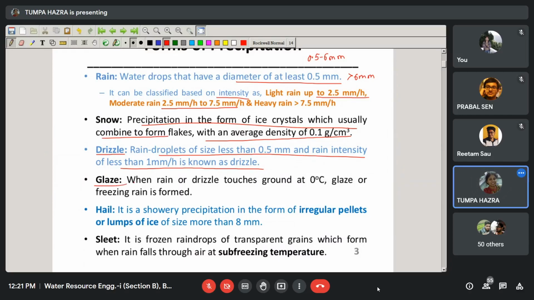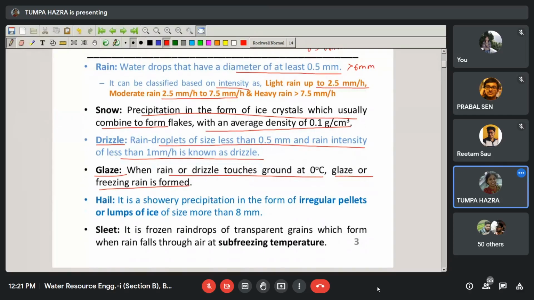Then glaze. When rain or drizzle touches ground at 0 degree centigrade, glaze or freezing rain is formed.